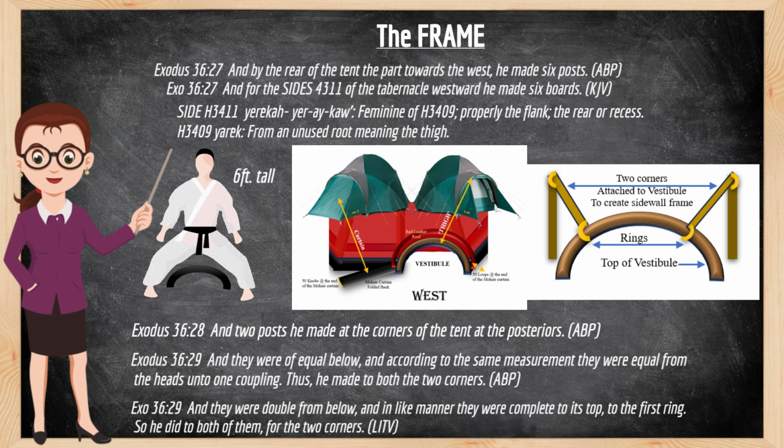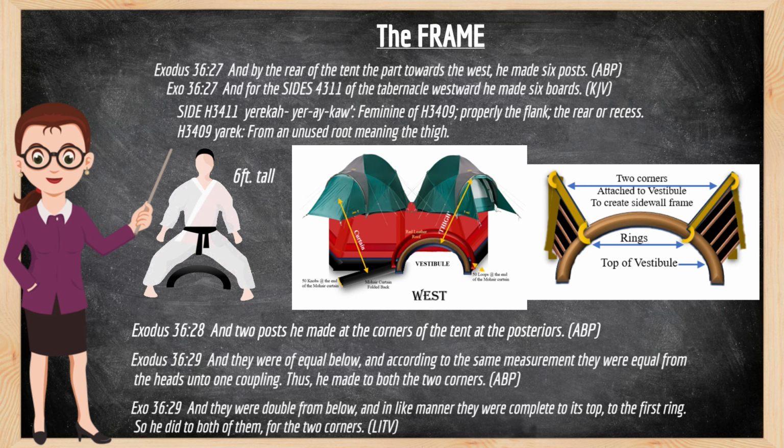Next, we are given some corner posts that are also at the posterior or west end of the tabernacle. And coming up soon, we will be given the side wall supports. So these 2 corners create the framework that will support the vestibule's side walls.